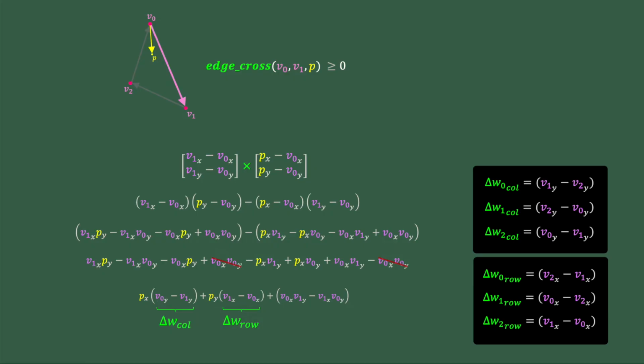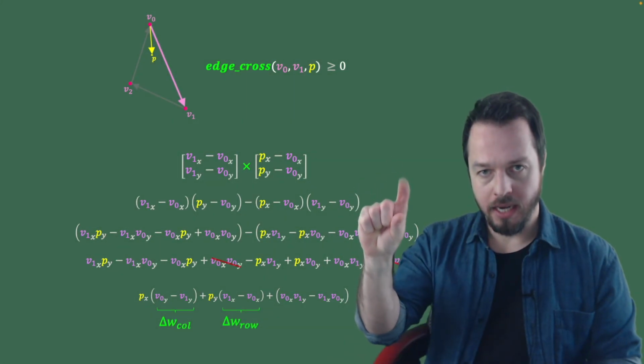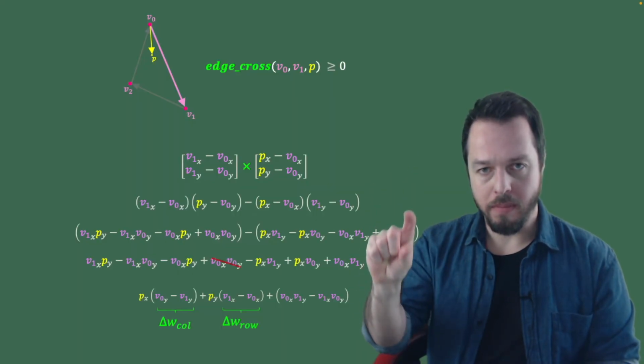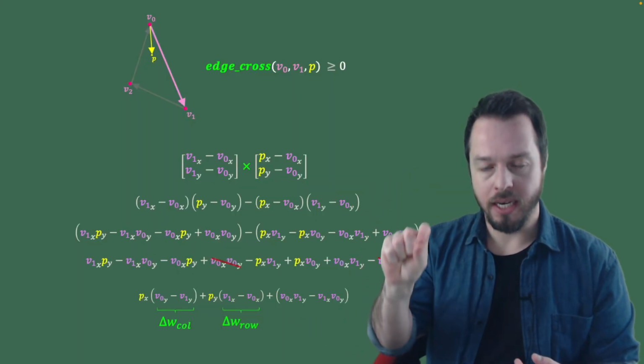So the delta w in the column domain and the delta w in the row domain, scanline per scanline, is going to be always the first vertex y minus the second vertex y, and the difference of w in the row domain is going to be the second vertex x minus the first vertex x. This is how we get those deltas, those differences of w's that we have to go and increment every time that we are visiting the pixels, both column by column and also scanline per scanline. We have to just go and nudge, increment by this delta row every scanline that we jump.